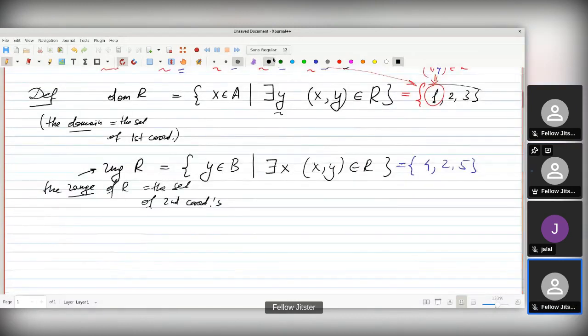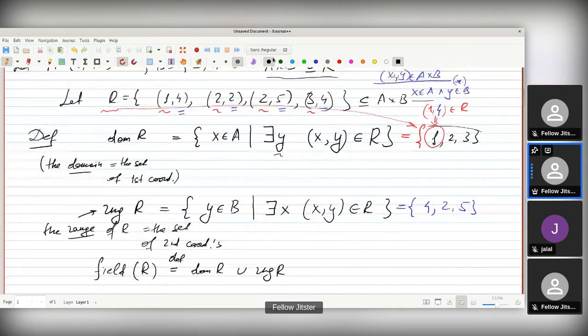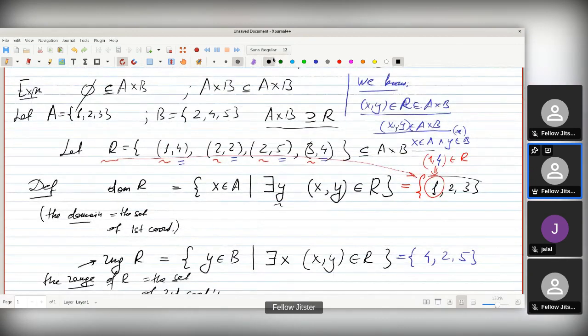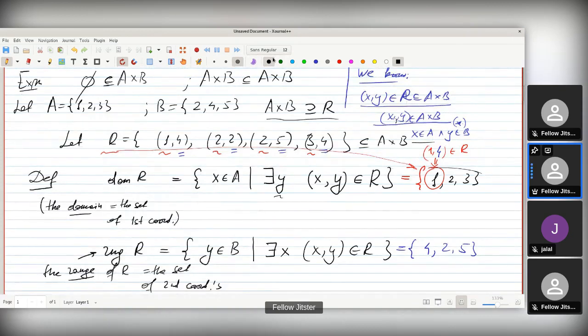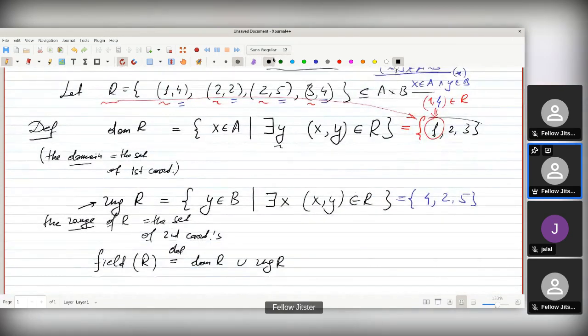Sometimes it is beneficial to consider the so-called field of the relation R. This field is just the union of its domain and its range. So these are exactly all such elements which are either first or second coordinates of at least one pair from R.